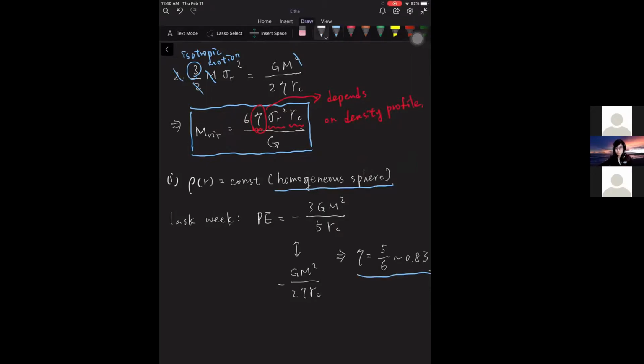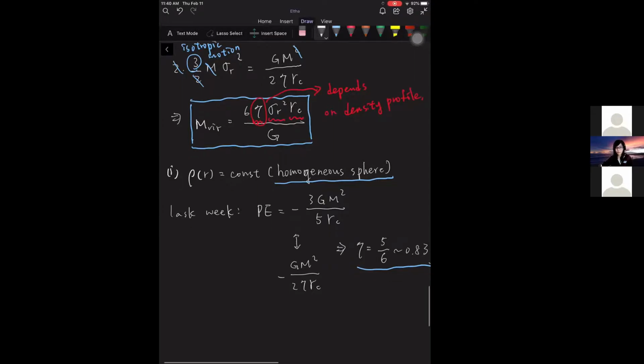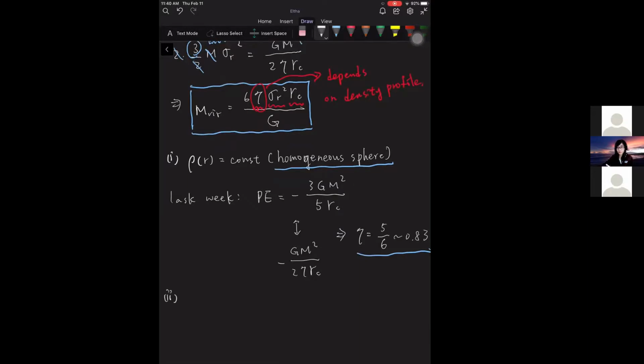So what about the Plummer sphere? You already worked on the Plummer sphere in previous homework problems, right? The Plummer sphere is another density distribution. You worked on it in homework 3 and 4. You worked on the potential energy, the density, and the gravitational potential, right?